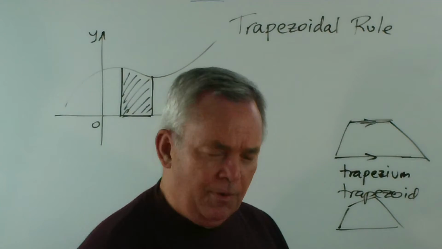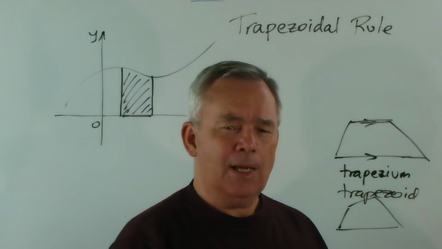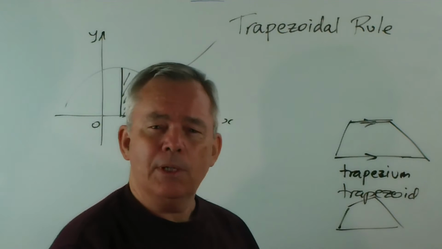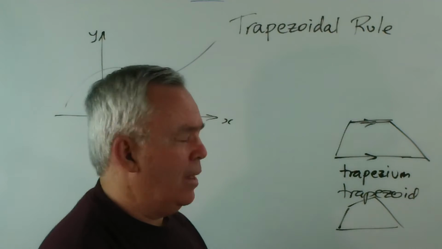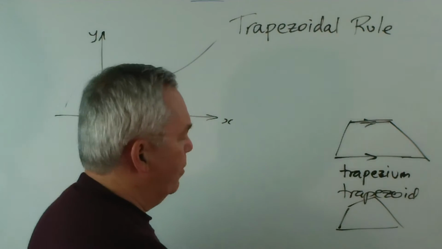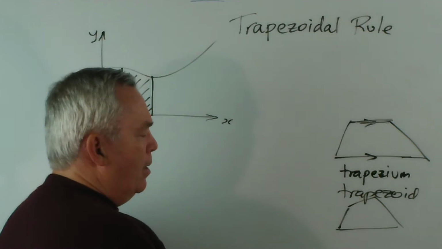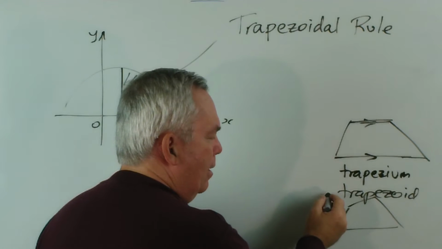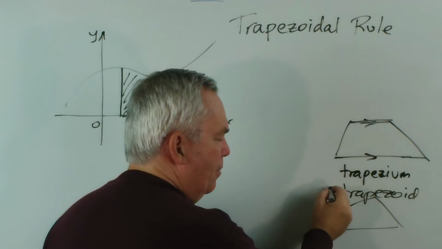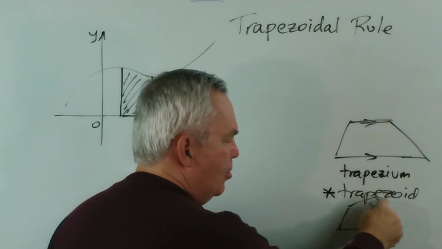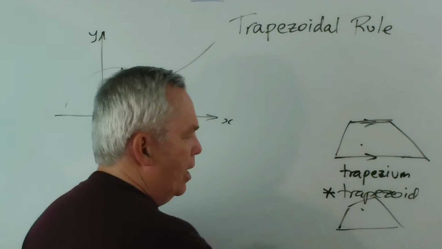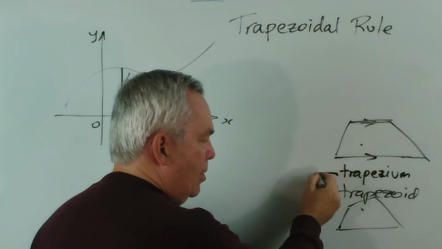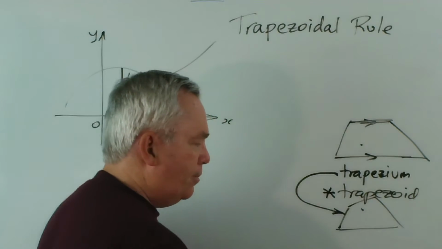In 1795, Charles Hutton, an English mathematician, wrote a dictionary of mathematical and philosophical terms. And in it he made a curious remark. He said that there was some dispute, or at least people were using this term trapezoid to refer to either shape. And then he went and defined or explained that the trapezium was this shape.